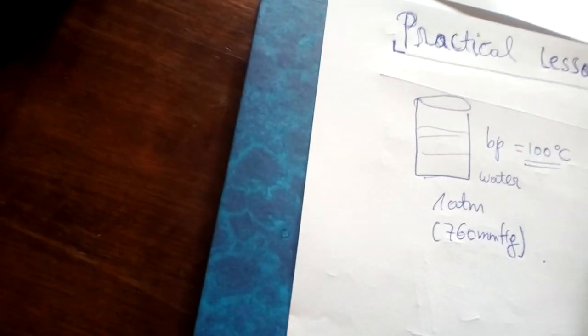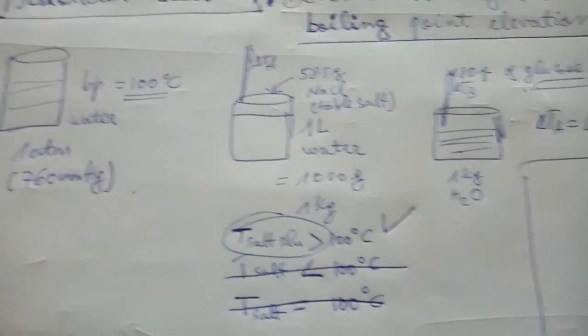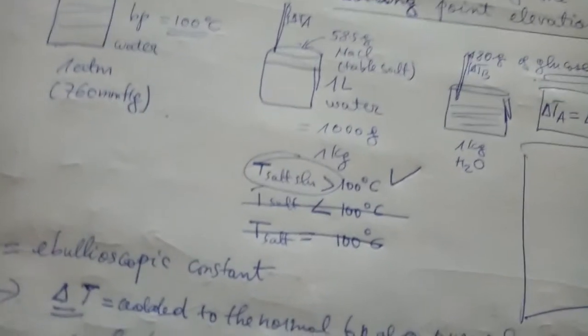It means that here there is delta TA and here on the thermometer there is delta TB. You must know that delta TA will be exactly equal to delta TB because both involve the same number of moles, whatever the nature of the substance used.